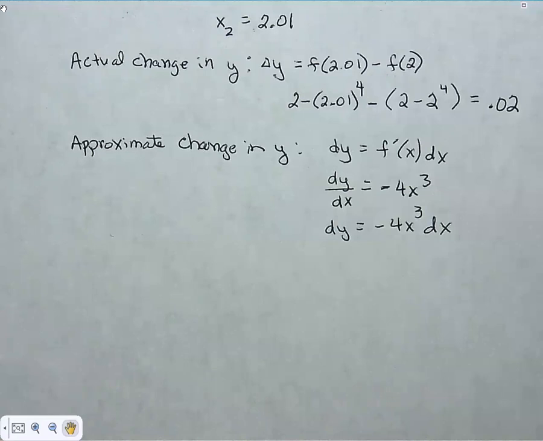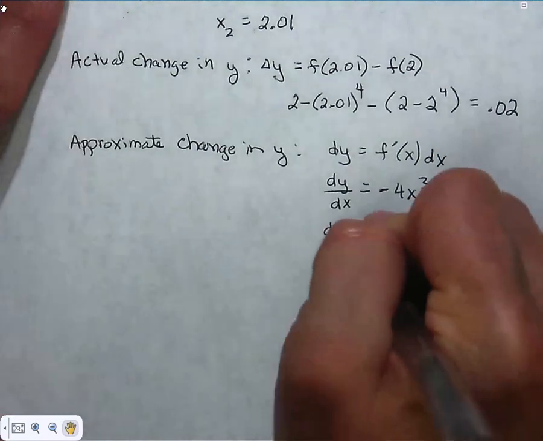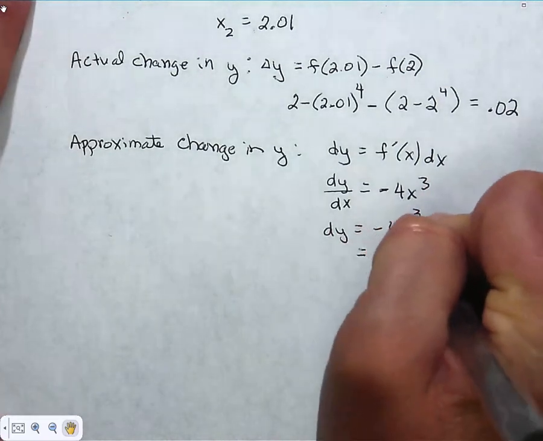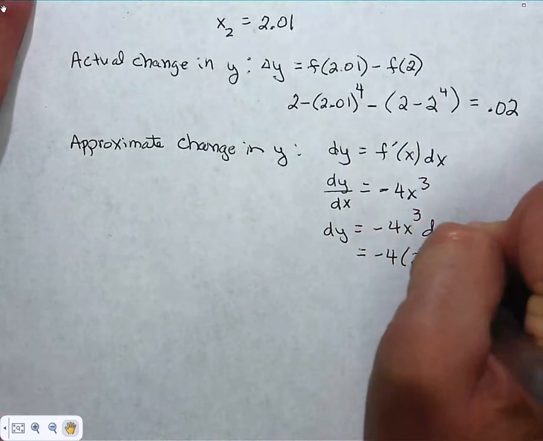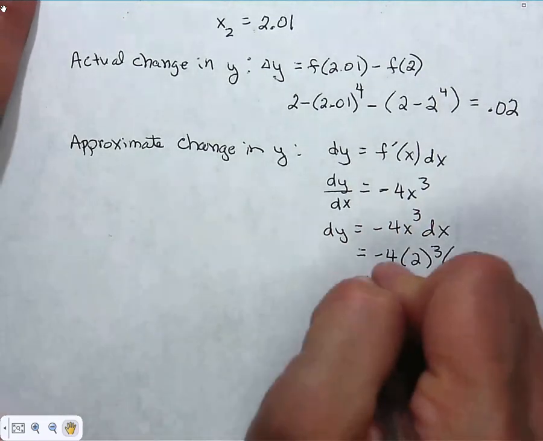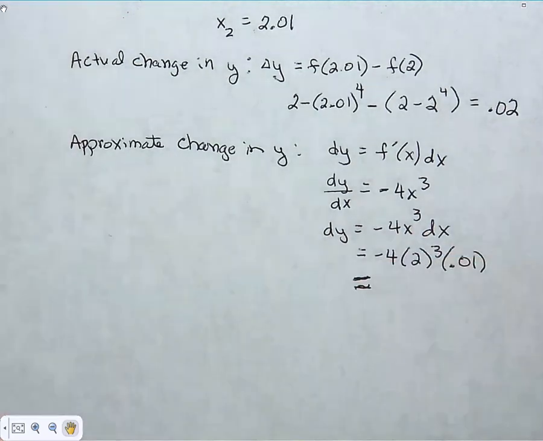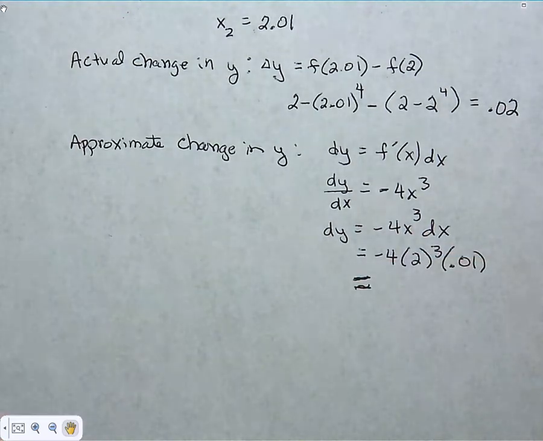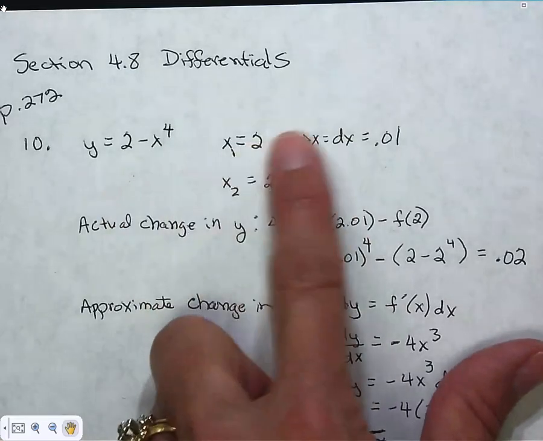If we put our original point, 2, in the place of x, and our change of x, which is 0.01, negative 4 times 2 cubed times 0.01. What do you get? Is the 0.01 given to this? Yes, this is the original information that I was given.